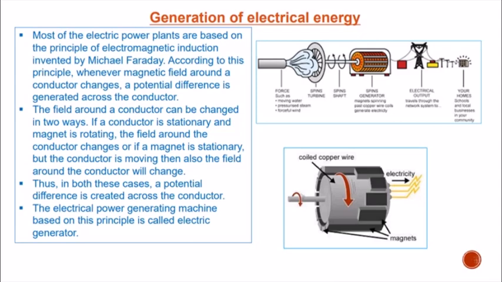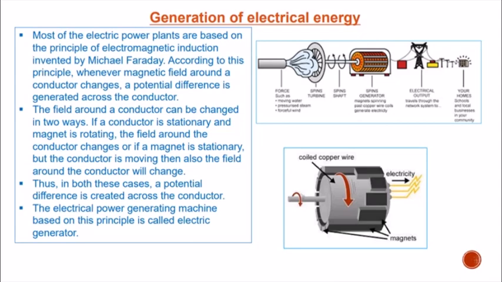One thing should be stationary and the other moving, and again the potential difference will be created. The next is that the conductor is moving. For example, we rotate a conductor, but the magnet is stationary. In these two forms, we can create a potential difference in that conductor, and the electrical power generated in the machine is based on this principle, electromagnetic induction.